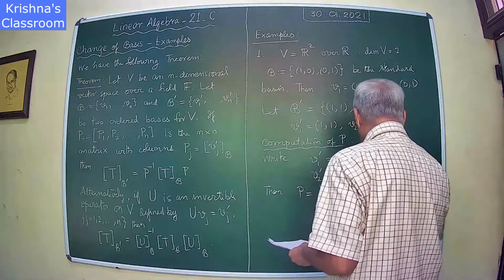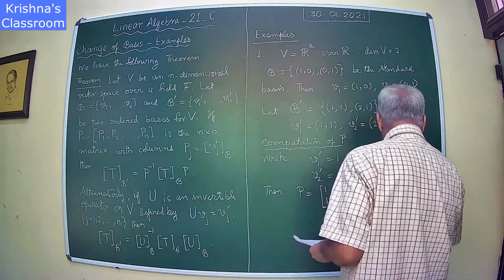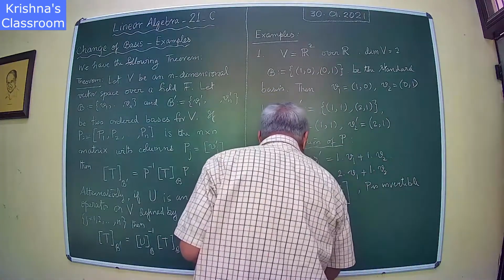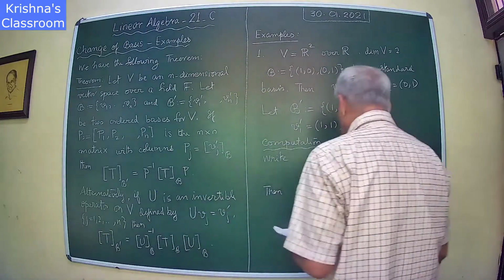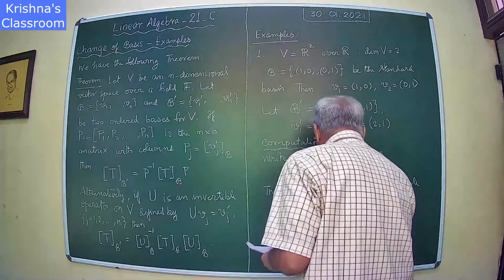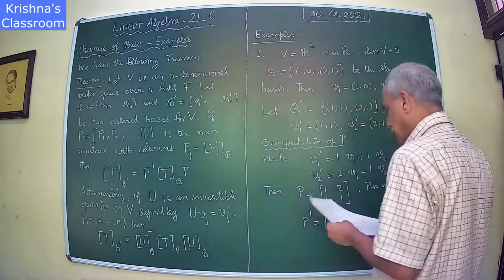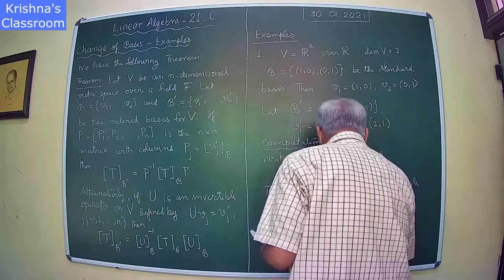P is invertible, and P inverse can be easily computed. You can go to the usual process of computation of the inverse of the matrix, or directly work it out.